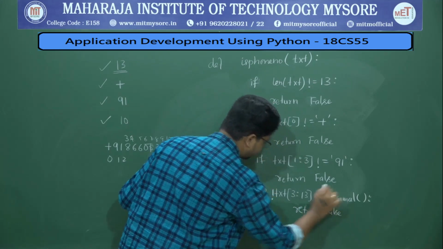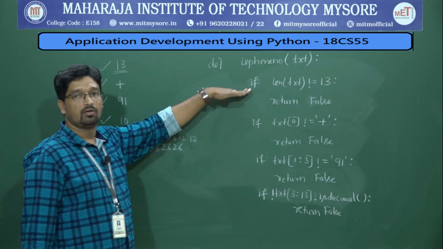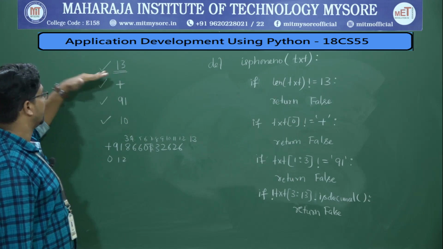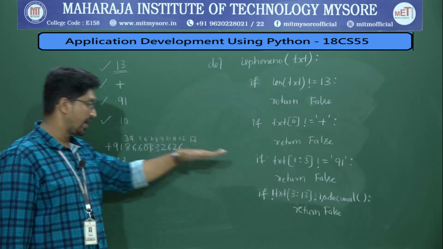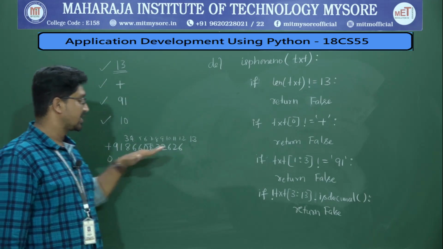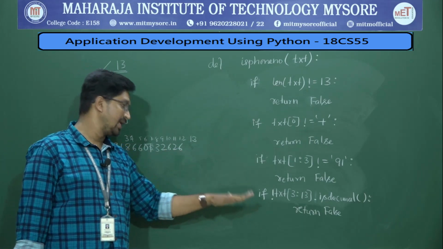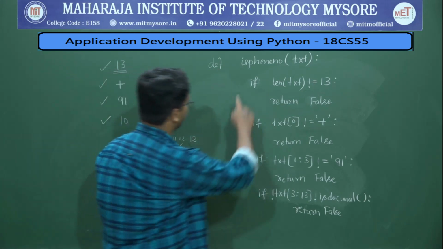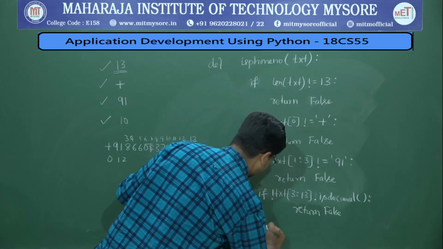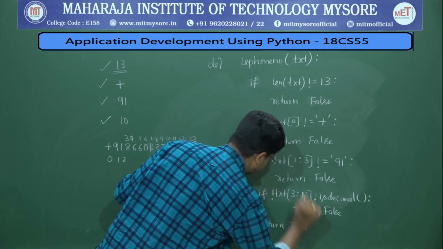Finally return false. So these 4 conditions I am checking. First, initially checking whether the length is 13, whether the first character is a plus symbol, whether the next 2 characters are 9 1, then whether the other 10 characters are decimal numbers. Finally, if all the conditions are true, then I should return true.